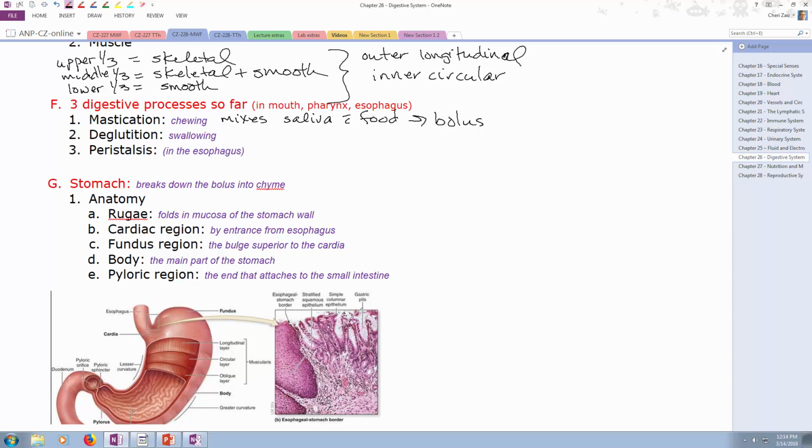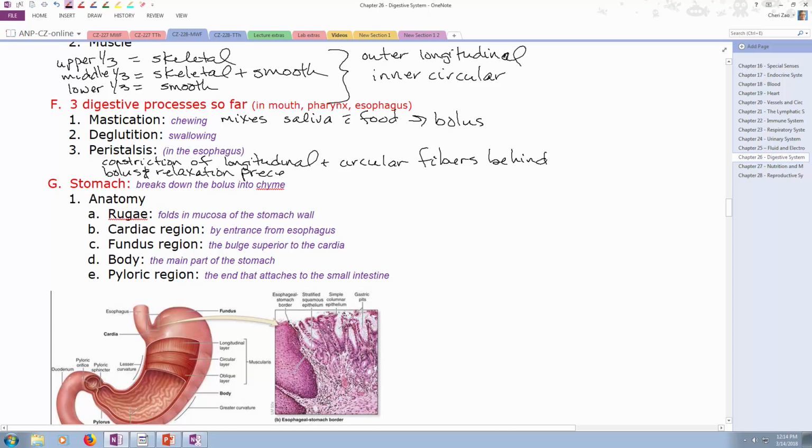This peristaltic wave is going to be due to constriction of the longitudinal plus the circular fibers behind the bolus and relaxation in front. So we're able to squeeze that down that tube just like a tube of toothpaste.